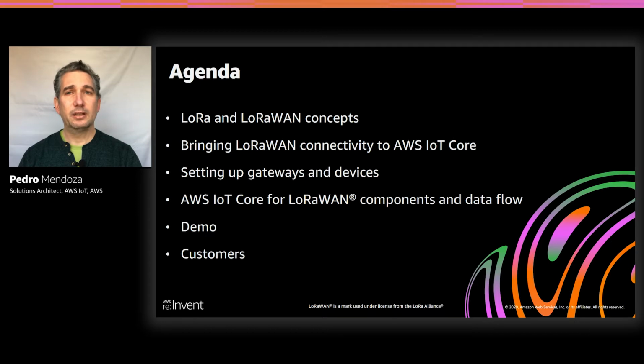We will also inspect some of the key flows within the service. Finally, we will do a demonstration of a solution that is using the service, and we will finish the session by including some reference to what our customers are already doing using the service.